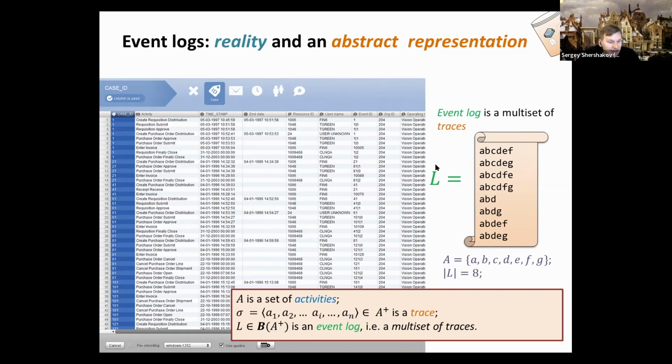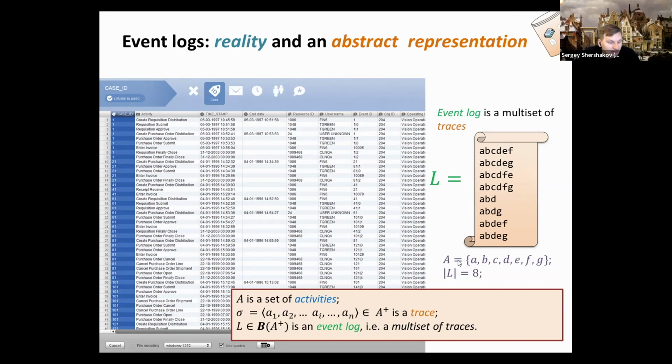Say we have some duplicates. When we have duplicates, then we have what is called cardinality, and this is why we consider a log not simply a set of traces, but a multi-set of traces, which means that some specific trace may appear twice or more times, you see.